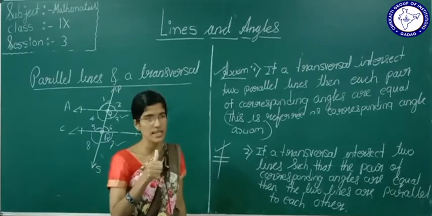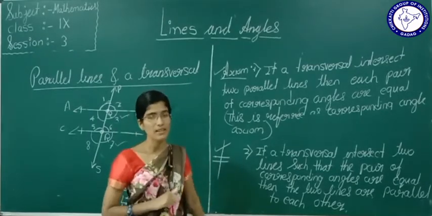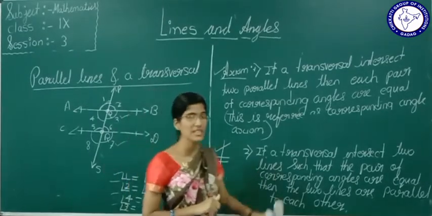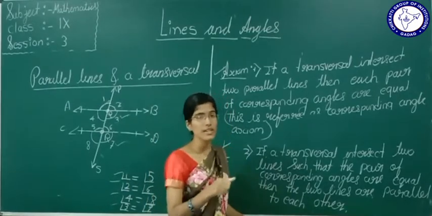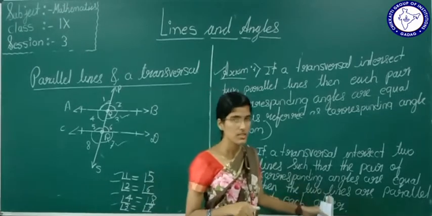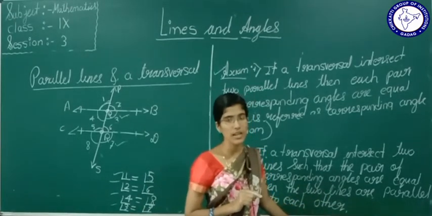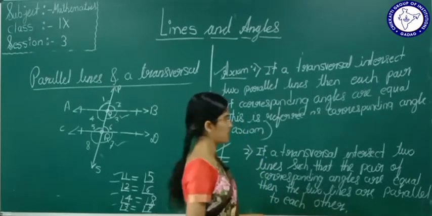This is referred to as the corresponding angle axiom. The second axiom tells us that if a transversal intersects two lines such that the pair of corresponding angles are equal, then the two lines are parallel.